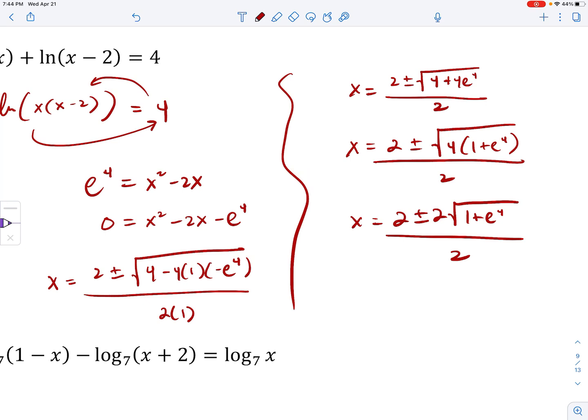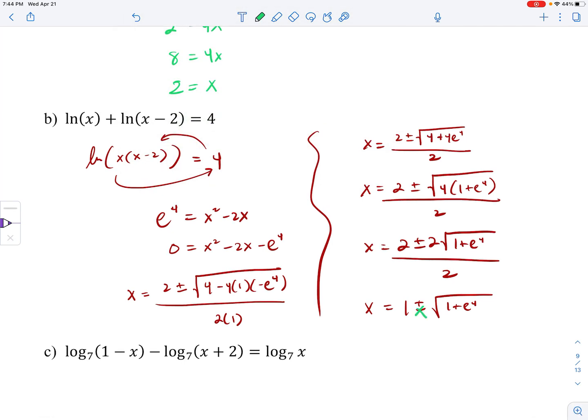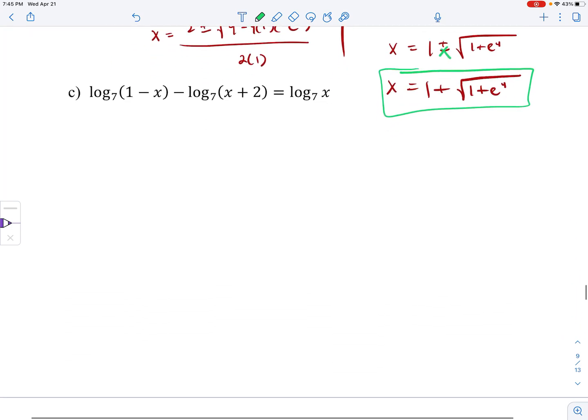And then thinking about factoring the 2 out, it could cancel with the 2 in the denominator. So that actually simplifies to x equals 1 plus or minus the square root of 1 plus e to the 4th. And then if you check, the negative actually does not work. So our only solution ends up being x equals 1 plus the square root of 1 plus e to the 4th, which you could also plug into your calculator to get the decimal approximation. That might be helpful to do when you're checking your answer.